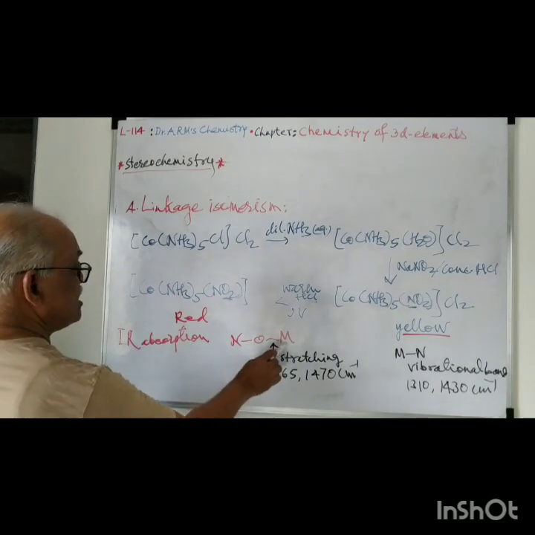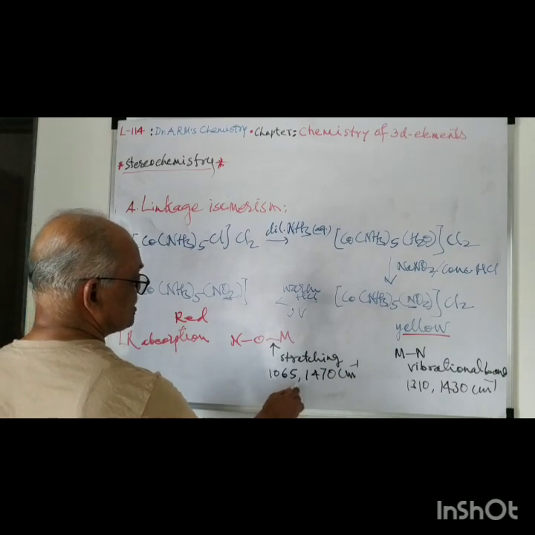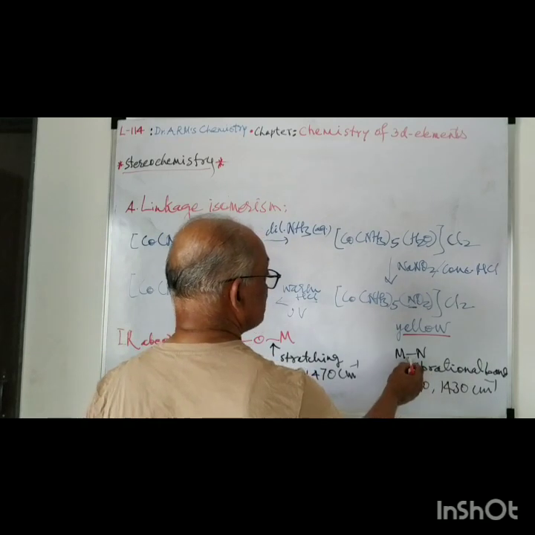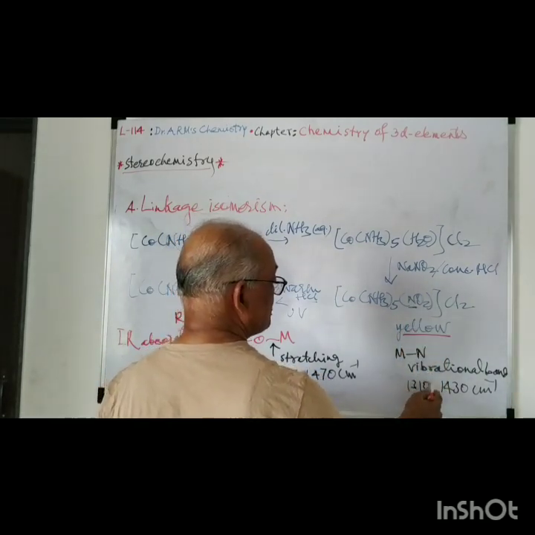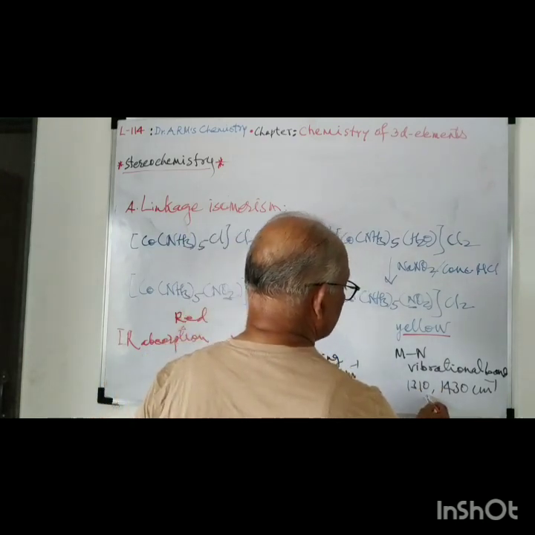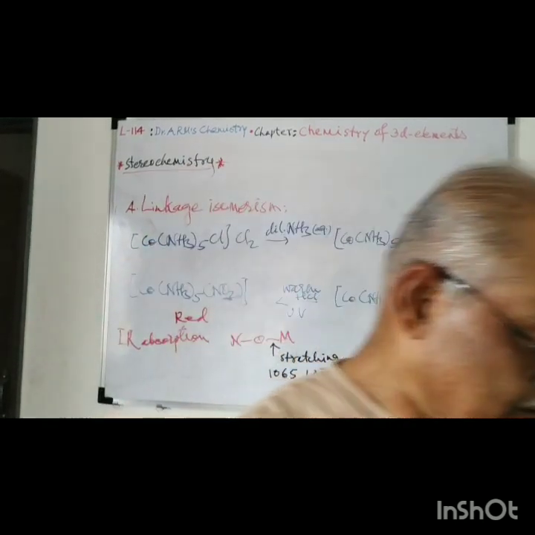In case of the metal oxygen bond, the stretching vibrations appear at 1065 and 1475, whereas in case of the metal nitrogen bond, the stretching vibrations appear at 1310 and 1430 per centimeter.